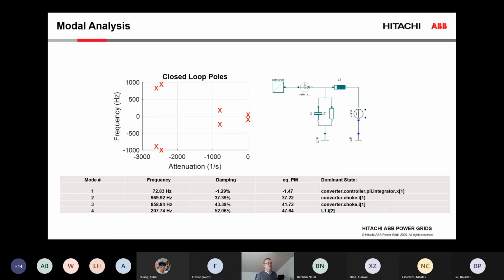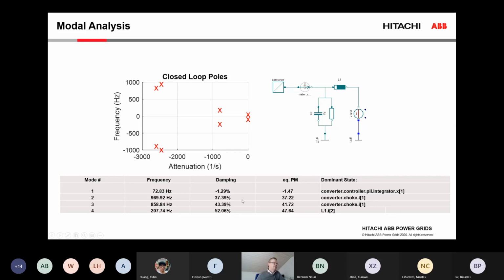We can see which of those participation factors have a large magnitude for each resonance mode. That's what we call the dominant state. So here we already know by looking at that participation factor that the instability that we see is connected to this state in the PLL integrator, and already that gives us quite a good clue to how we should retune the system to stabilize it.